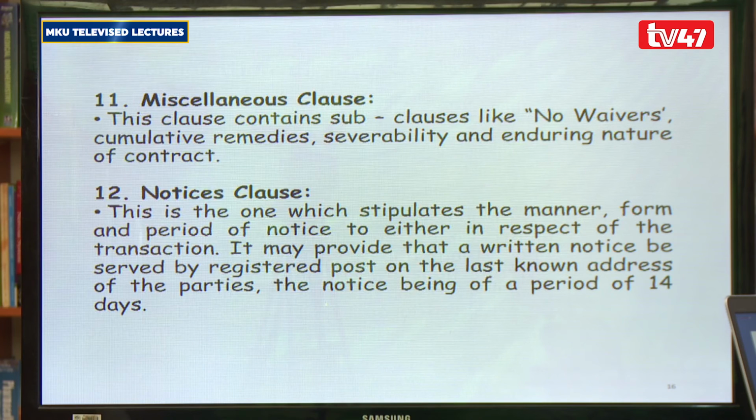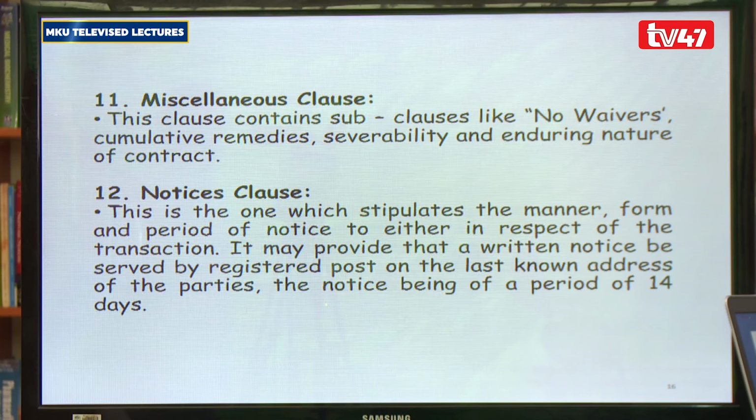It's also normal to have miscellaneous clauses in the contract. These are what you normally call the general clauses that will typically talk about things like the applicable law, the force majeure clause, and the likes. It's also important to have a notices clause that will normally stipulate the manner in which any notices between the parties should be transmitted in terms of addresses, the places, and even the manner.